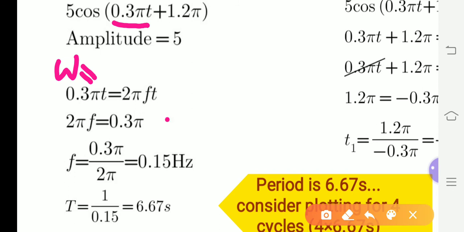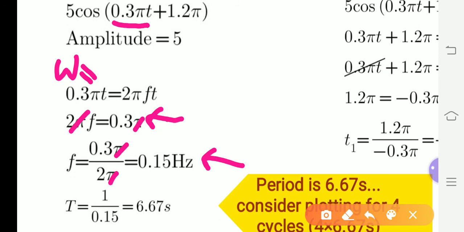So here we try to solve this. 2 pi f is equal to 0.3 pi. We can remove the pi. So we find that our f is equal to 0.3 divided by 2, which is 0.15 hertz.